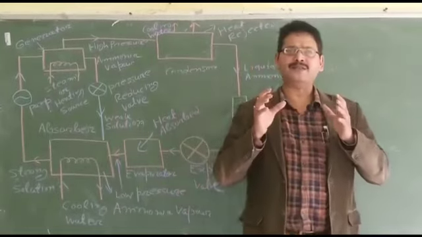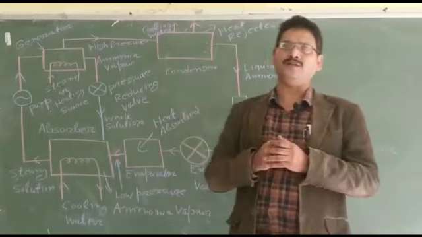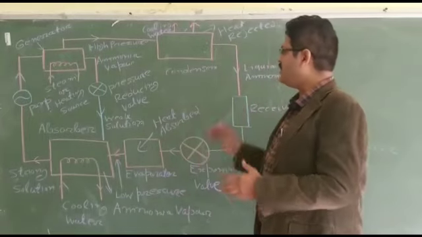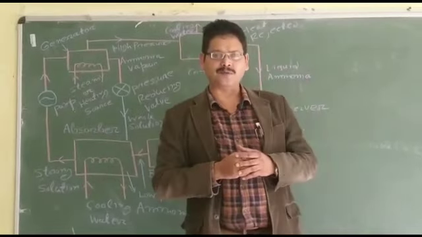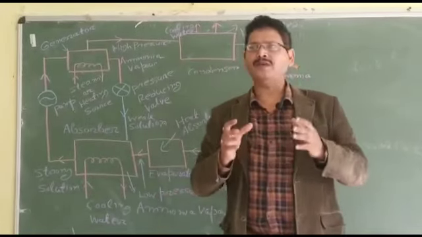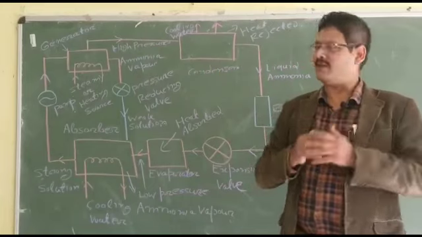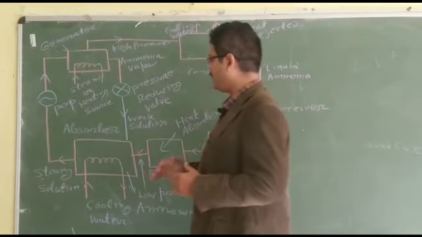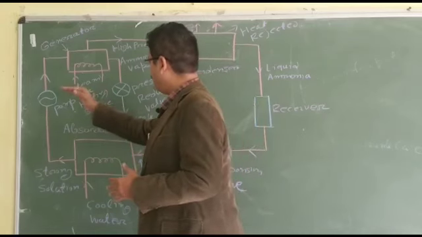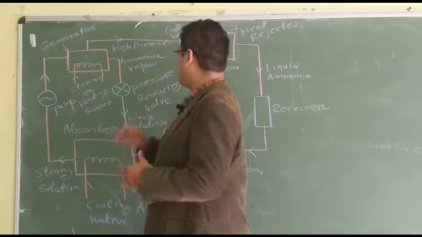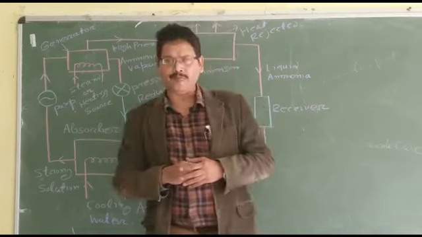And as far as the flow of these fluids is concerned, the ammonia actually flows through all the components present in the vapor absorption refrigeration system. But when it comes to your absorbent or water, the water flow is actually restricted to the absorber, pump, generator and your pressure reducing valve.